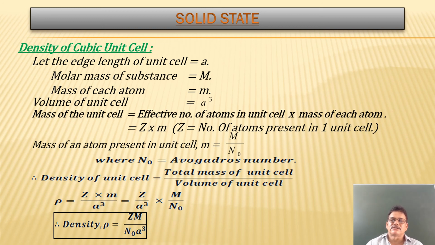Because in ionic substances only ions are present, ion pairs are present, but not molecules. So instead of molecular weight, we take it as a formula weight. So if Z, M, N naught and a values are given, we can calculate density of a given unit cell.